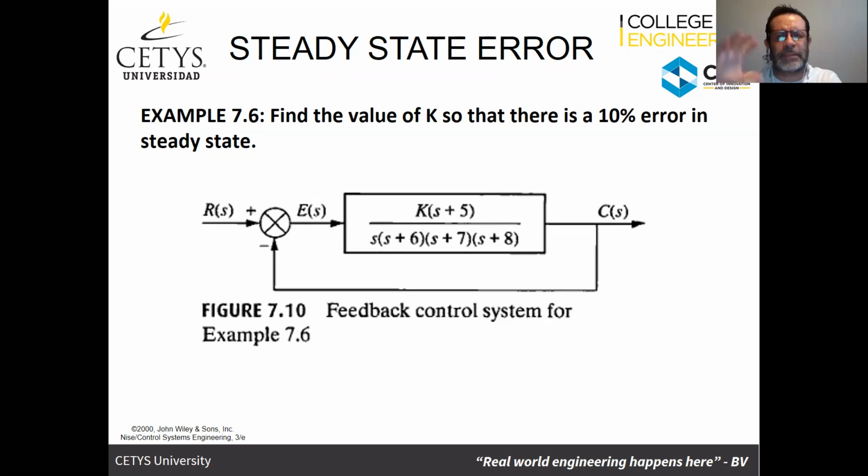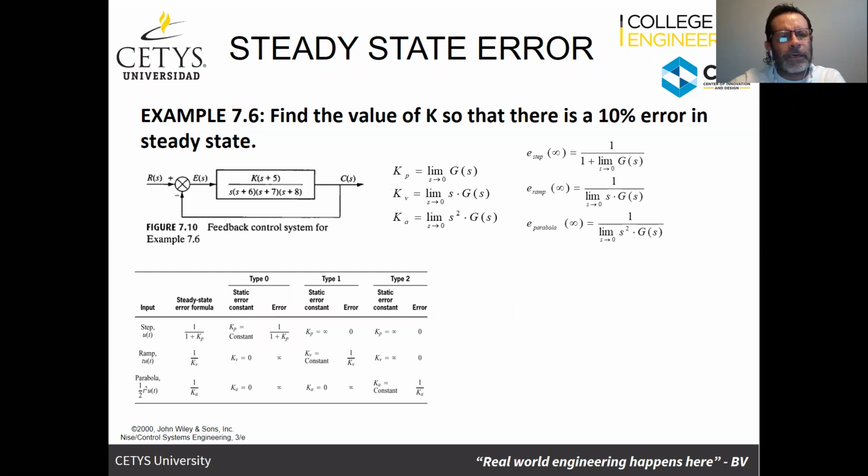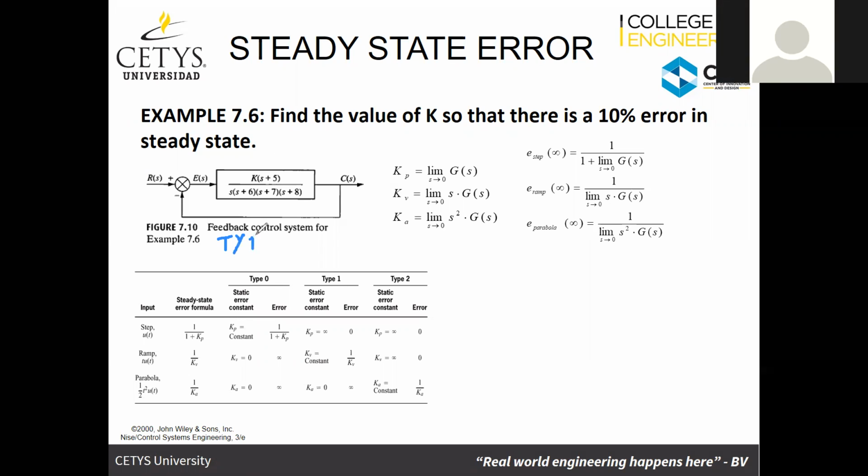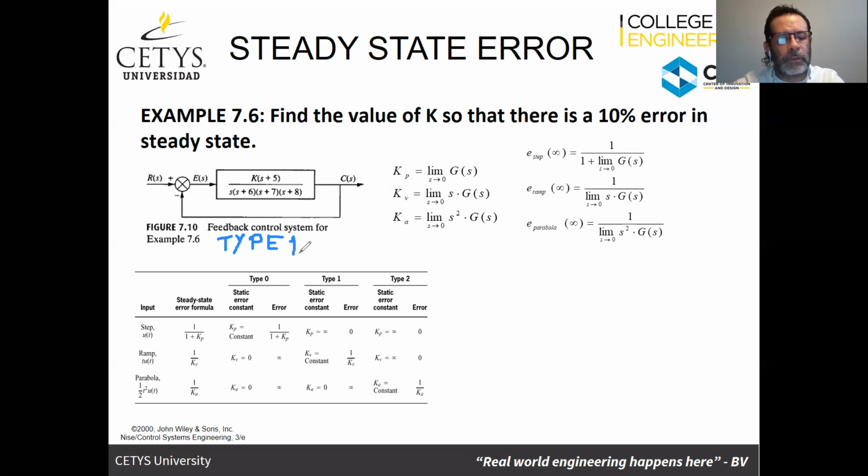Well, let's try to link it with what we were talking about before. Okay, we've got our system here. First thing I'm going to ask is same as last time: what type of system are we talking about in the case of the one we're given? 1. Correct, Marian. It's a type 1 system.